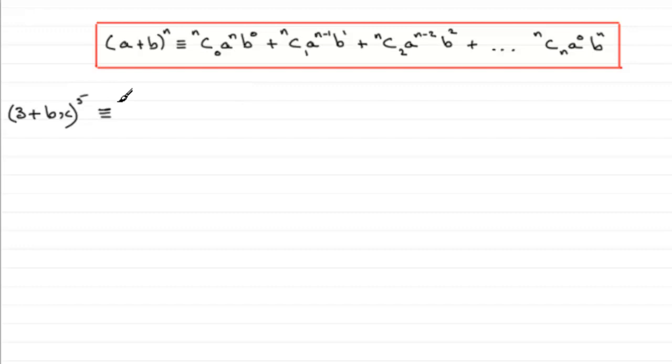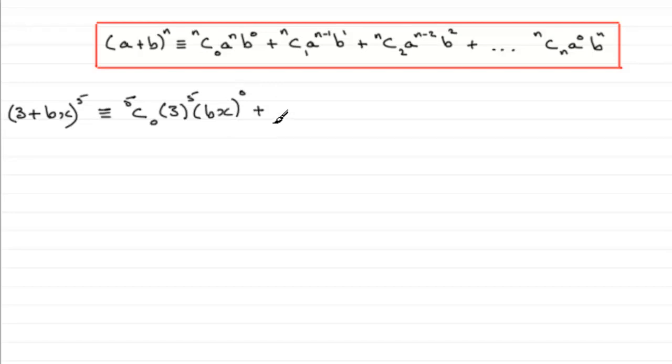So we start with n being 5. 5C0, and then it's a being the 3 to the power of n being 5. Then we take the bx term, that's bx, and it's all to the power 0.